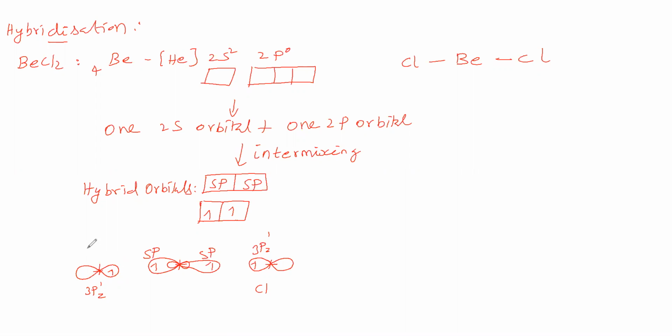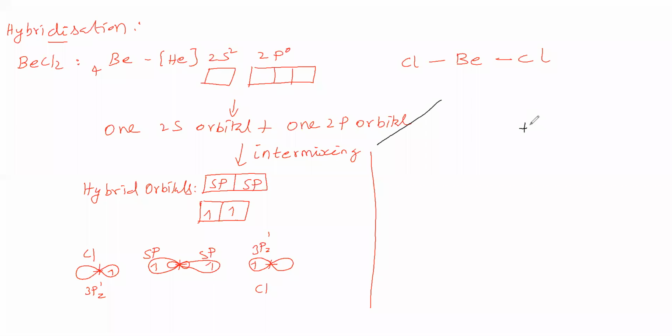Next, this sp hybrid orbital and this p orbital undergo linear overlapping, that is axial overlapping, which is overlapping along the internuclear axis.